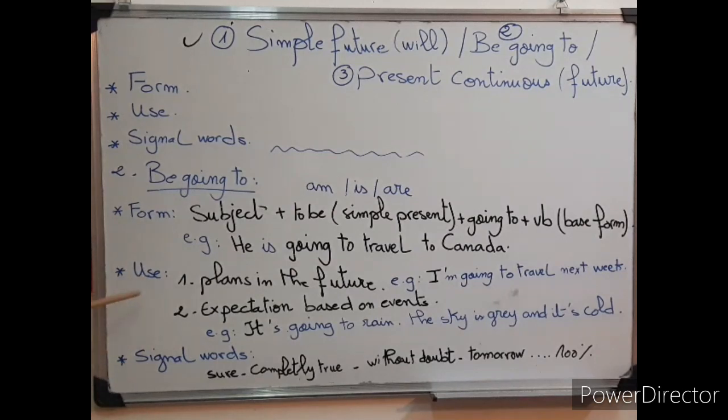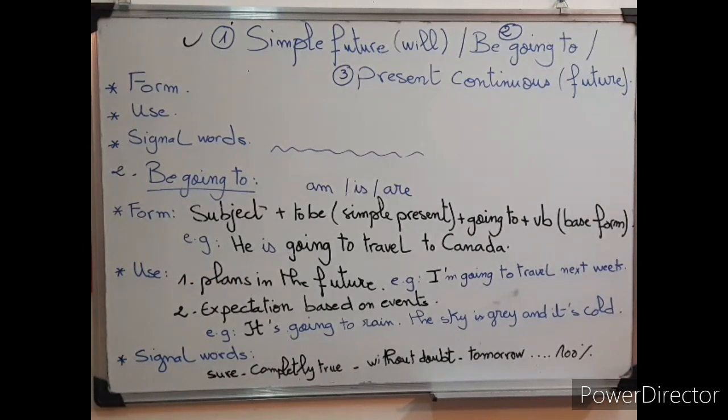Let's move on to the use. We use be going to for the future to express plans in the future. When I say plans, these are decisions that are taken before, that we already thought about, pour faire un plan.